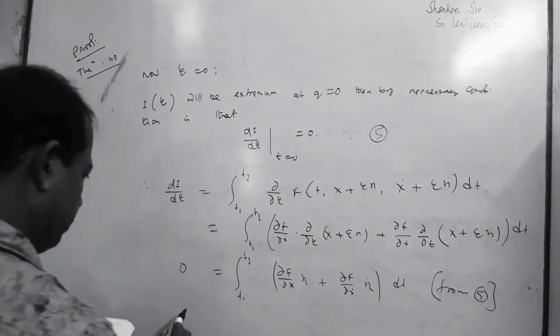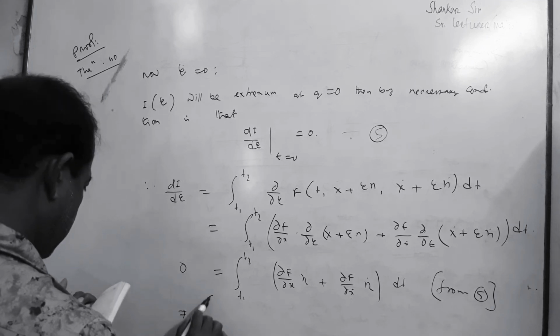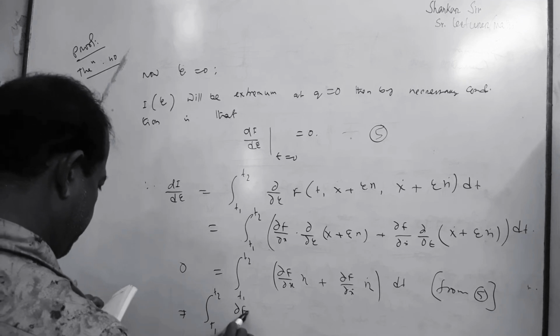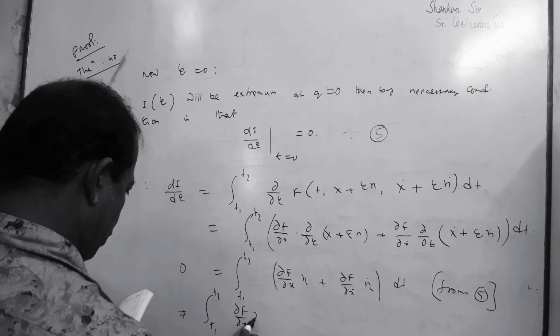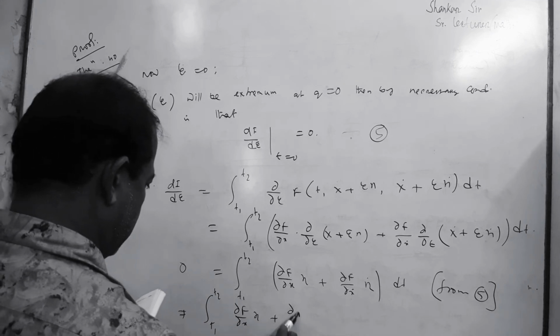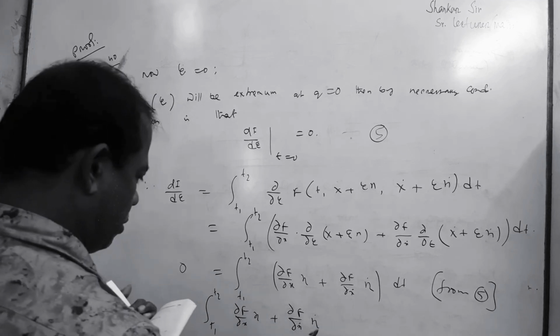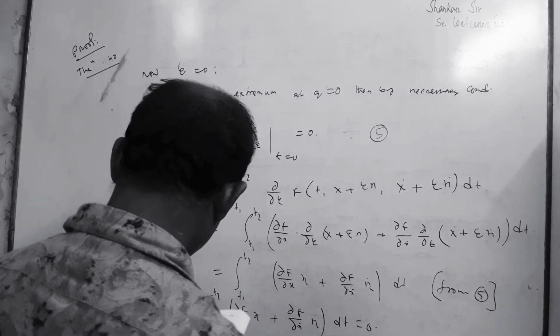Now that implies the integral from t1 to t2 of del f by del x into eta plus del f by del x dot into eta dot dt equals 0.